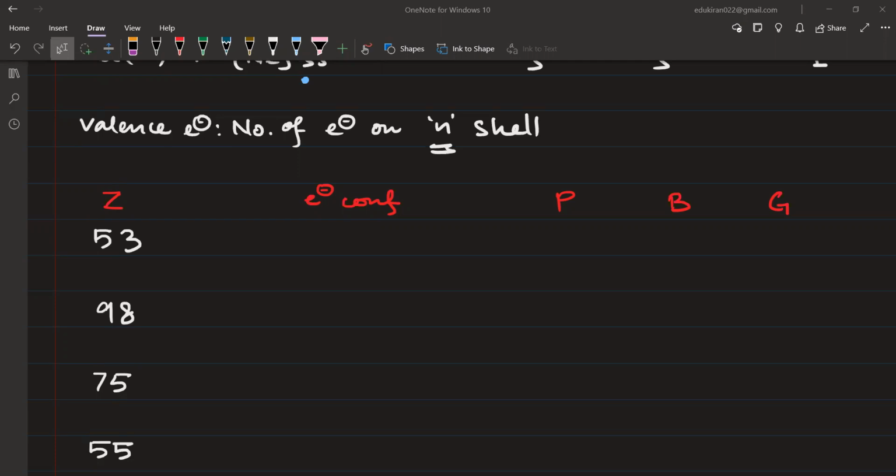Maybe these numbers are large numbers, but you don't have to worry about that. The approach is still the same for the electronic configuration. Devangi, if you get stuck, just ask me. I will help you. And this goes for everyone. If you have any doubt, just ask me.